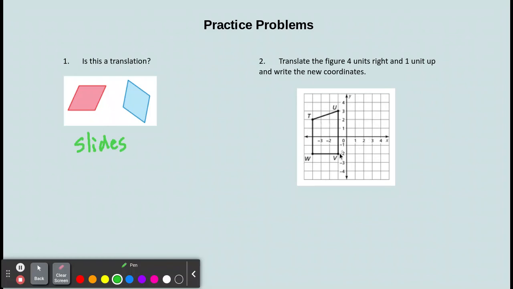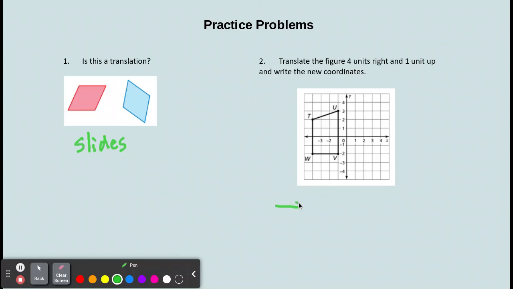All right. Practice problem number 2, you have 2 methods. Remember, you can use the coordinate plane. So you can find these points and plot new points on the coordinate plane. Or you can use the other method of just using the coordinates, and you can add or subtract depending on how we're moving. It says here, translate the figure 4 units right.